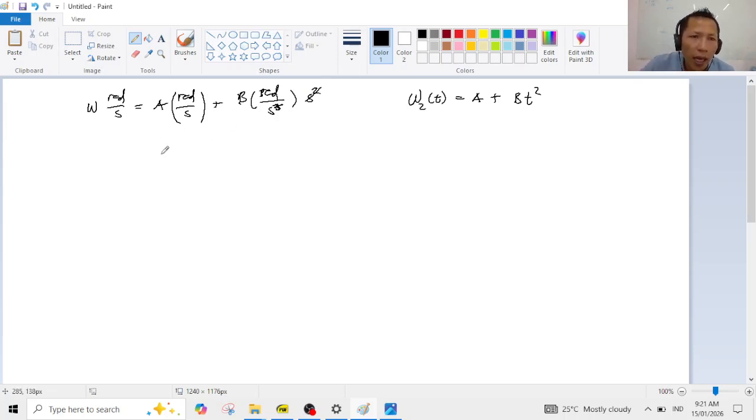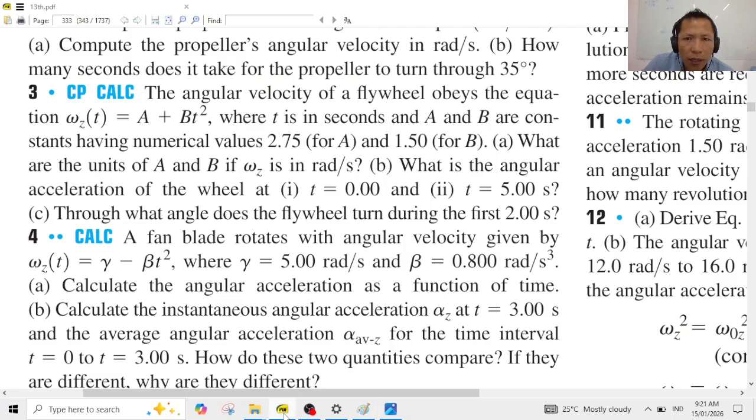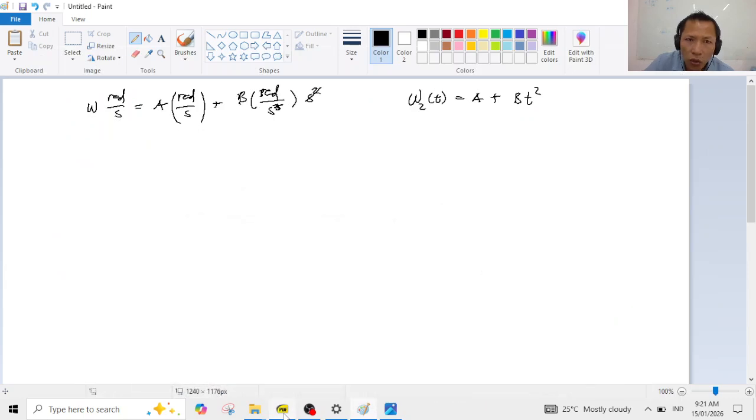So A has a unit of radians per second while B has a unit of radians per second cubed. I think that's a no-brainer.